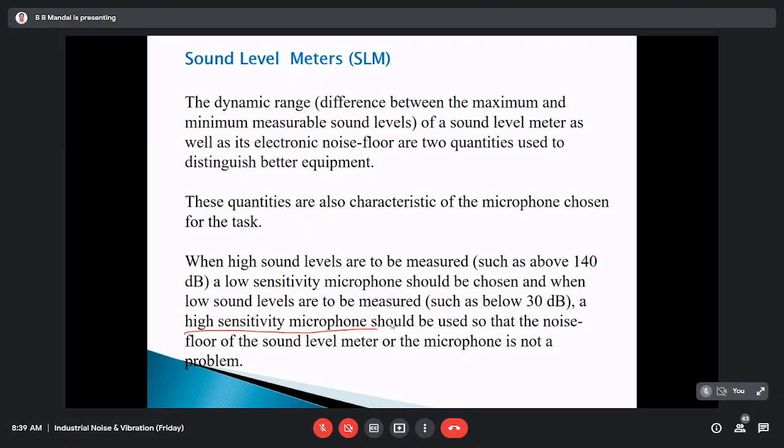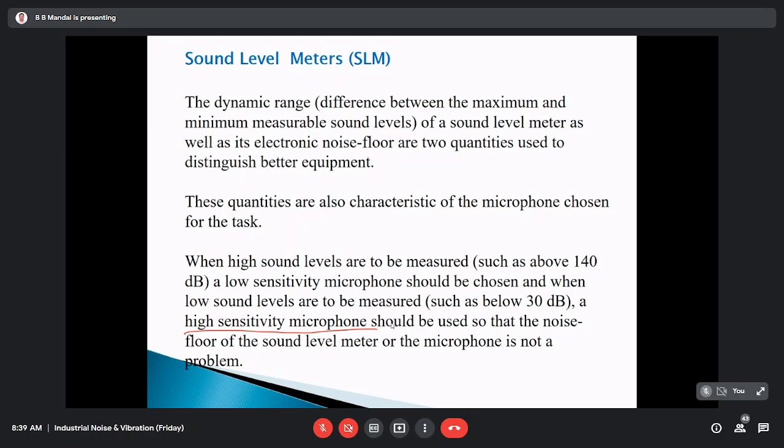In industry, in the plants, where the noise is around 90 to 100 dB or 105 dB, you can use a class 2 microphone, which I'll be showing in the next slide.